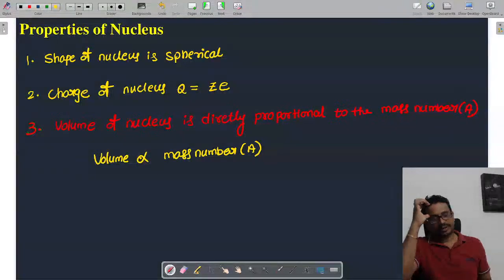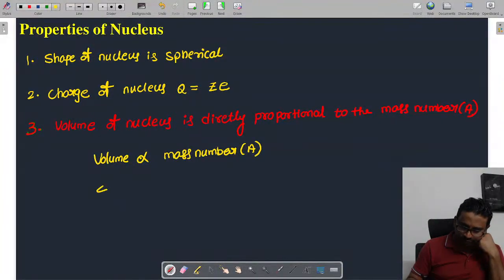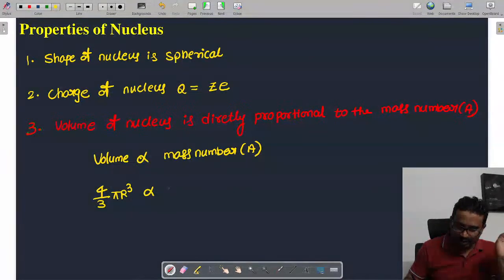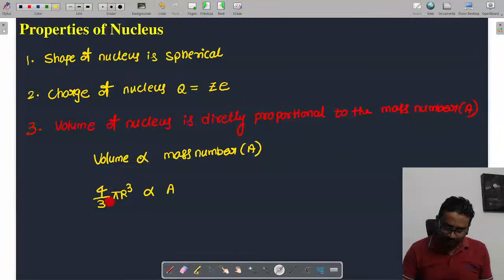Mass number, like this. And volume. So tell me, what is a volume we can say here? Volume is that of a sphere, 4 by 3 pi r cube, which is proportional to what? Mass number is A. Now this whole term 4 by 3 pi is a constant.